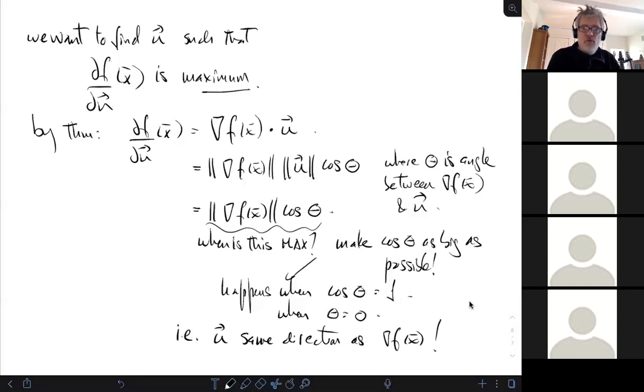Right? So what did we find? We find an interpretation for the direction given by the gradient vector. It points in the direction where the rate of change is as big as possible. Okay? So a nice and simple interpretation of the gradient.